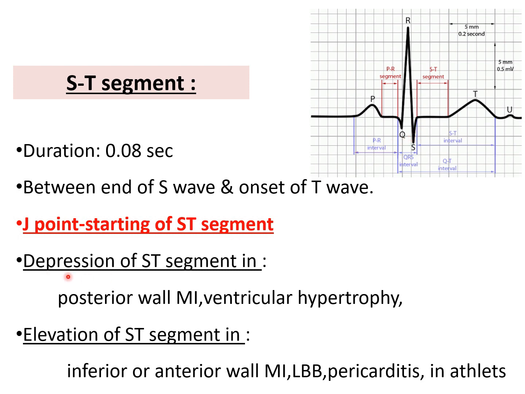So ST segment changes can happen in various conditions. For example, in posterior wall myocardial infarction the ST segment can get depressed, and also in ventricular hypertrophy. Remember, if the ST segment is depressed more than 1 millimeter, you can consider that as ST segment depression.